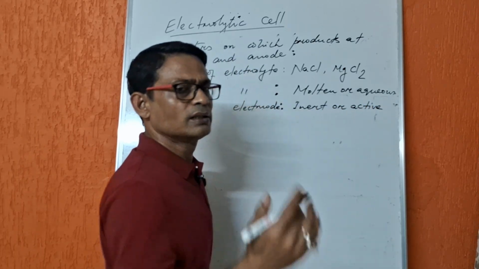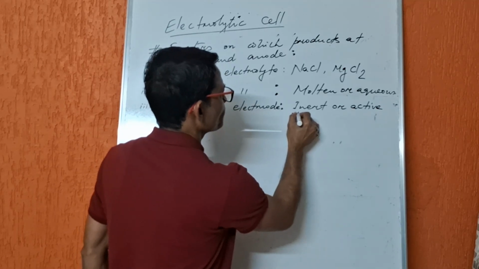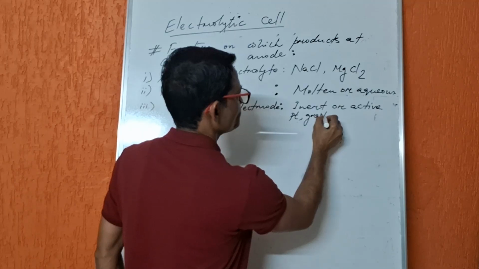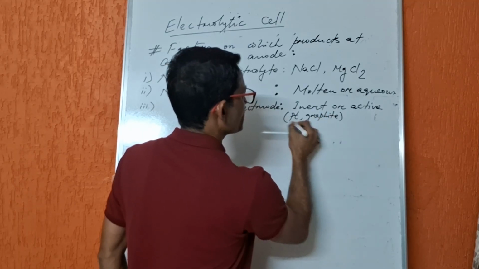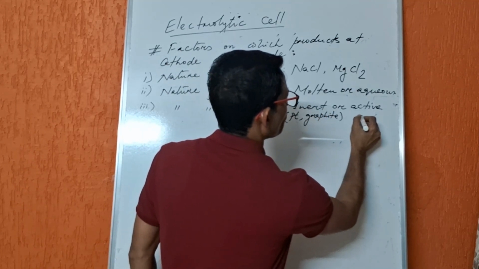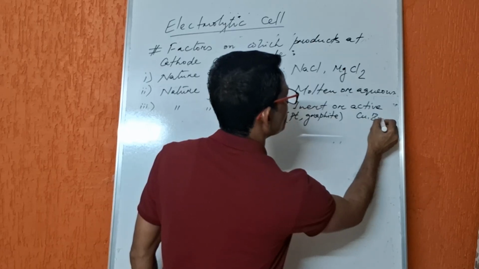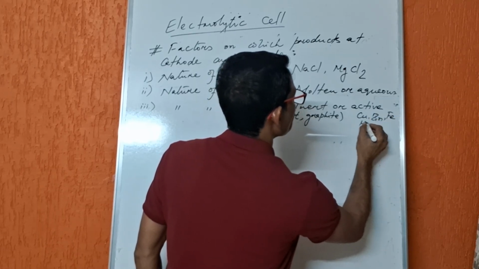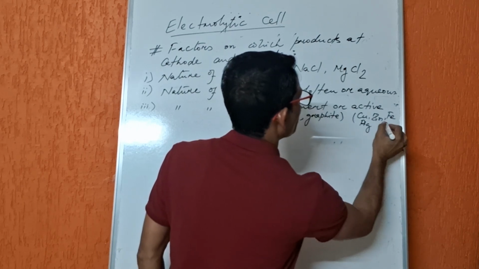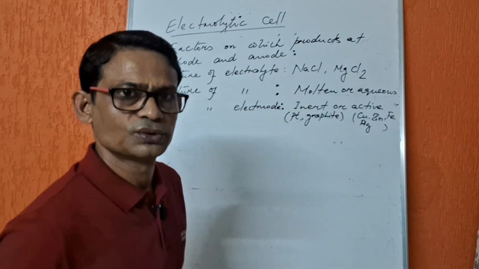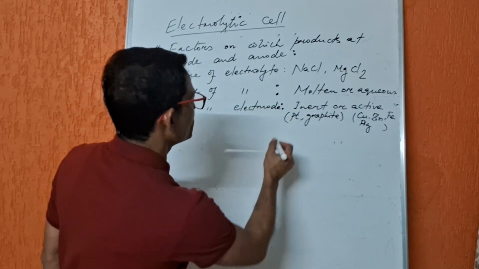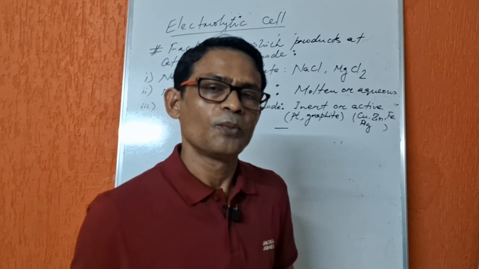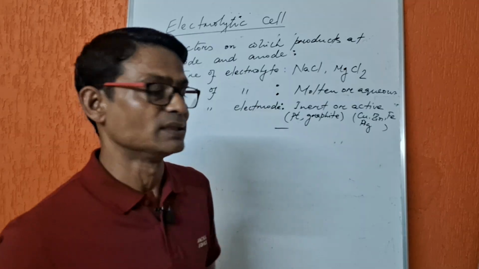Inert electrode like platinum, graphite. Active like copper, zinc, iron, silver, they are active electrodes. Now we will discuss how the electrolysis takes place for different cases.